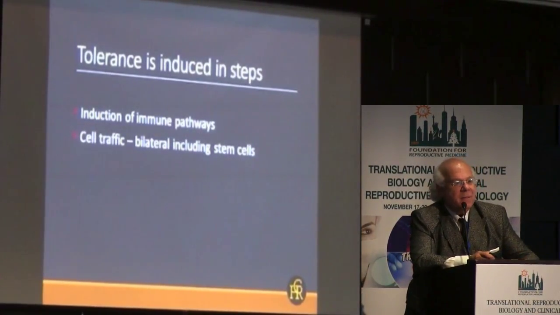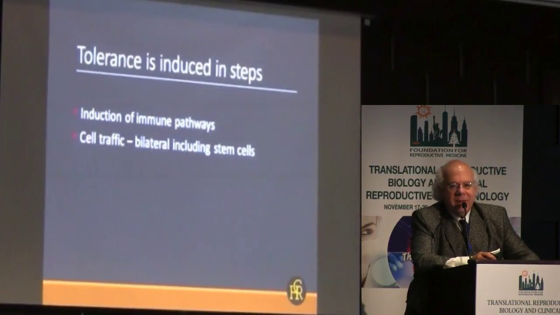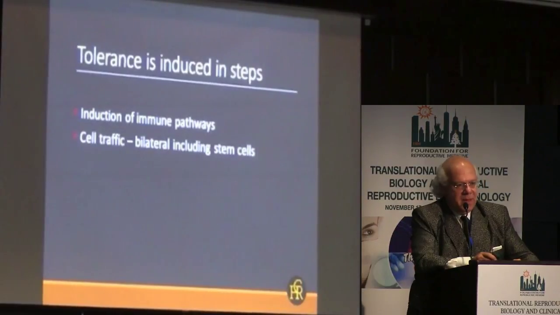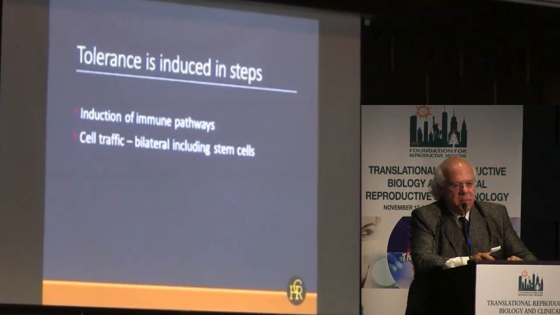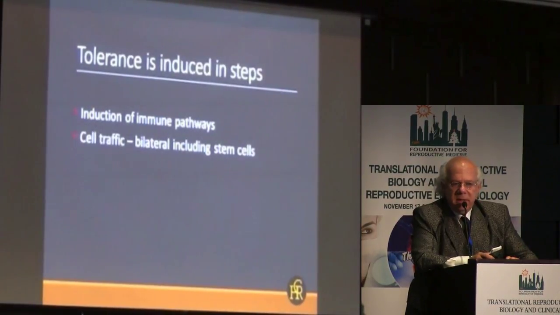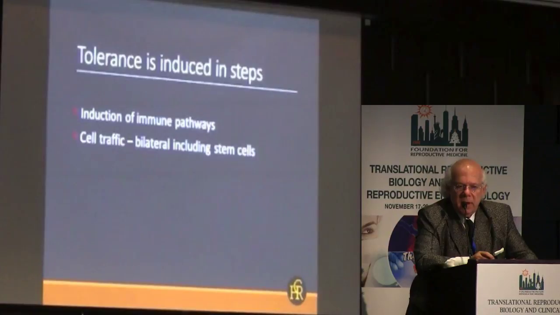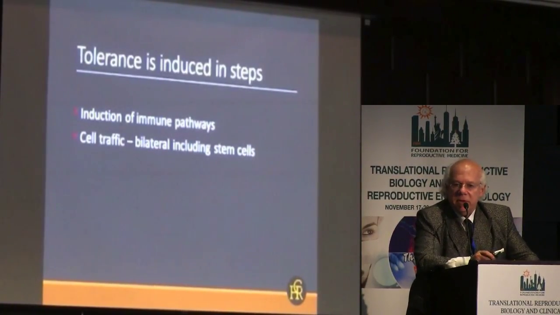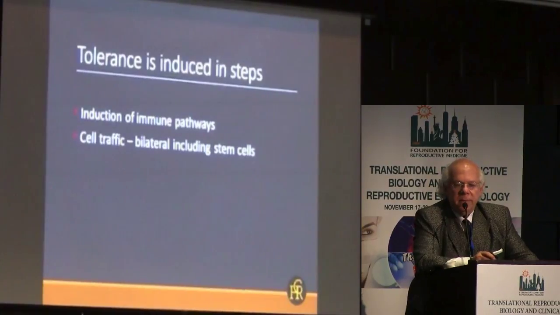And there's a reason for that. That reason is that a secondary tolerance mechanism kicks in. And that mechanism is called microchimerism. I don't know if you have heard about this, but this is a concept that was first described by Starzl, who was one of the liver transplantation pioneers in Pittsburgh.